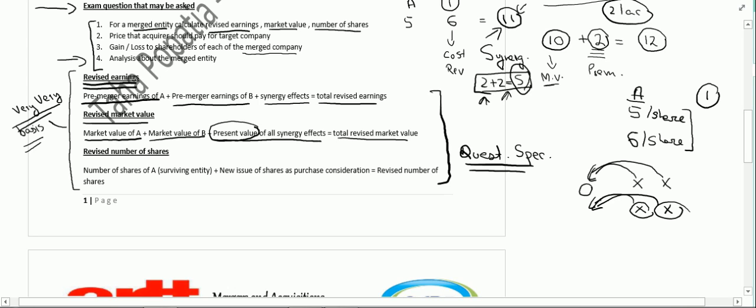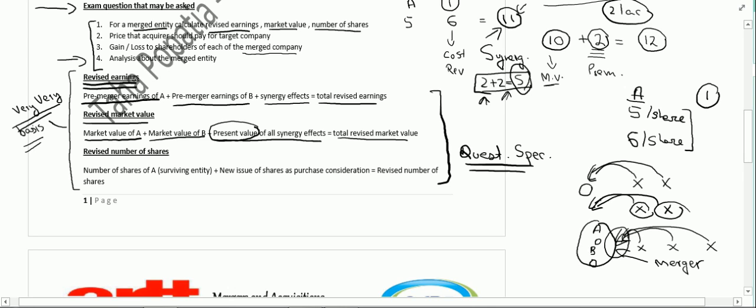Likewise, the market value of an entire company is the market value of A, which is year 0 value, plus market value of B, which is year 0 value, and after acquisition, if you are saving certain amounts, you will discount them and bring them to year 0. These are the entire additional benefits which you are getting because of merger, and you will add them to A and B's value.